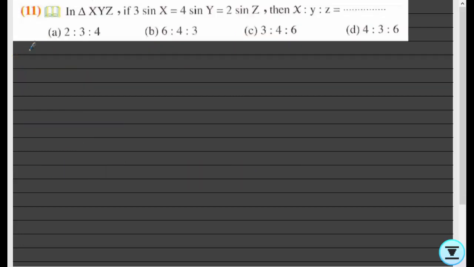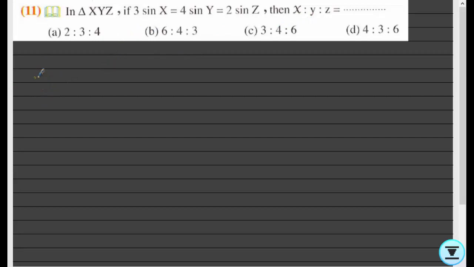Question number 11. In triangle XYZ, if 3 sine X equals 4 sine Y equals 2 sine Z, then x to y to z equals one of these.